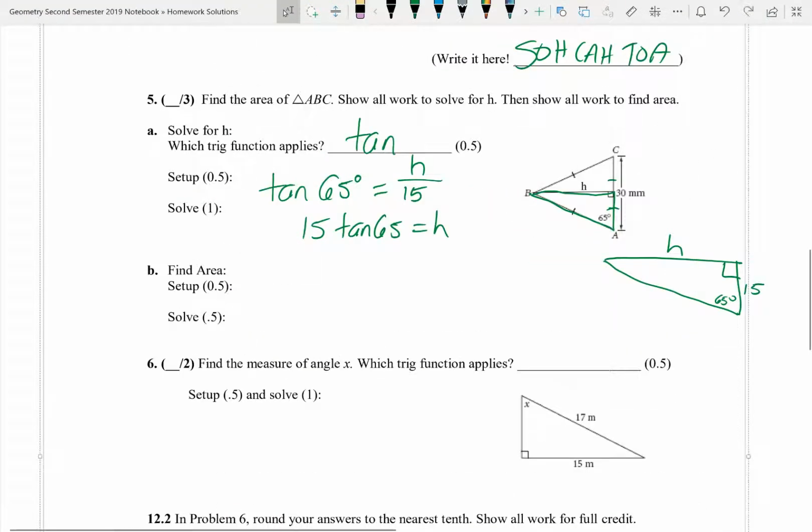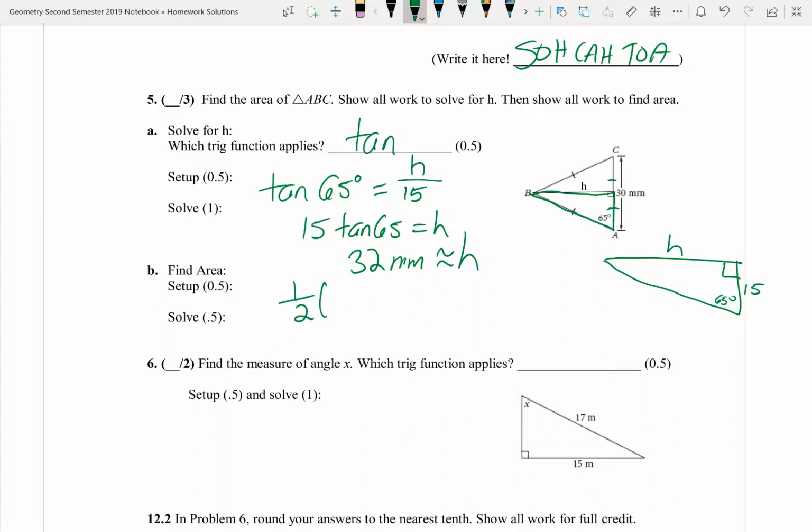Okay, so 32 millimeters is approximately equal to the height. Again, round to the nearest whole number. And the area, well, that's 1/2 base times height. So 0.5 times 30 times 32 is 480 millimeters squared.